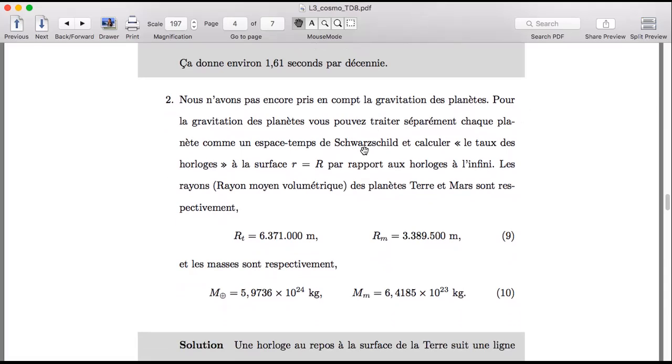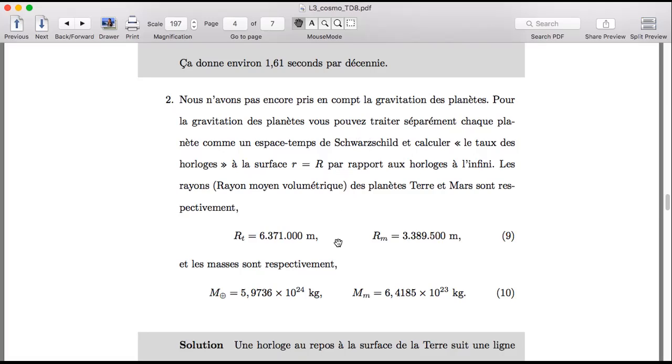We want to approximate Mars and Earth's gravitational fields as being essentially Schwarzschild. But then there are different spacetimes: there's the Schwarzschild of Mars and the Schwarzschild of Earth, and they're different. But I think I came to terms with this by considering that they both have observers at infinity.